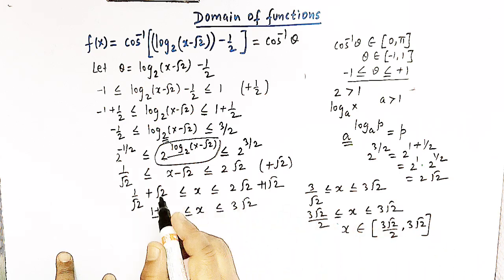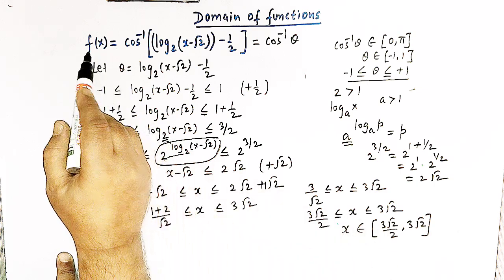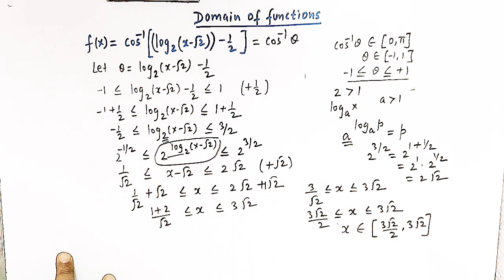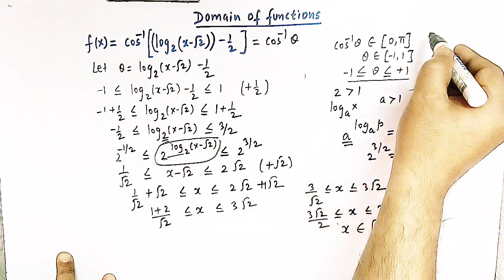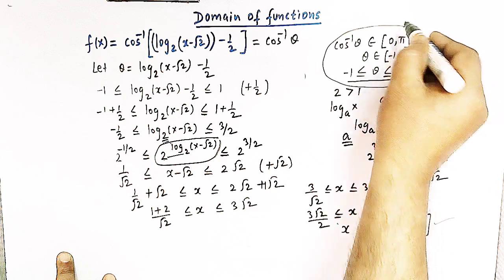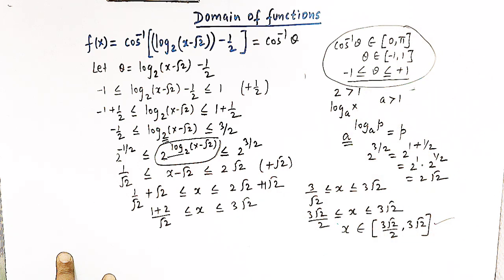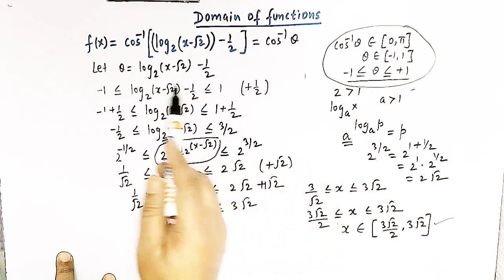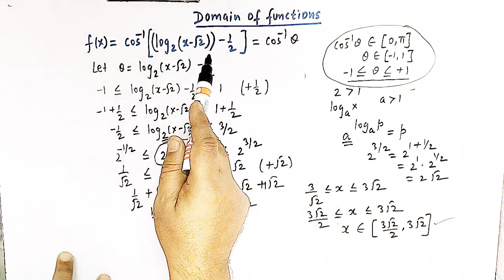So the valid values of x for which f of x is defined is given by the closed interval 3 root 2 over 2 comma 3 times square root of 2. This is how, by making use of the concept of inverse trigonometric functions and this inequality, we can easily find the domain of functions of this kind.